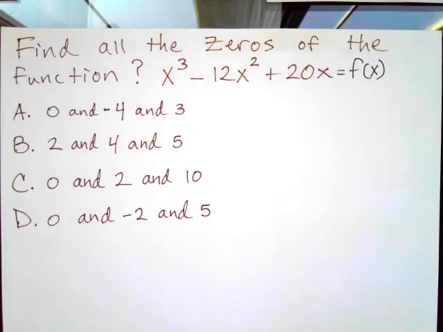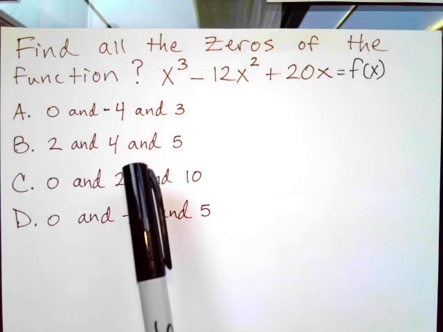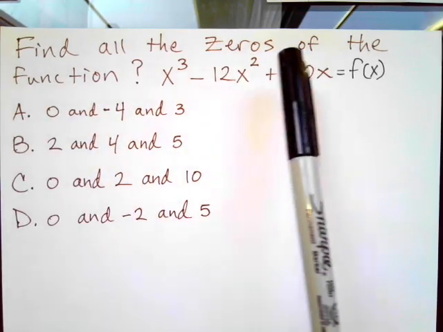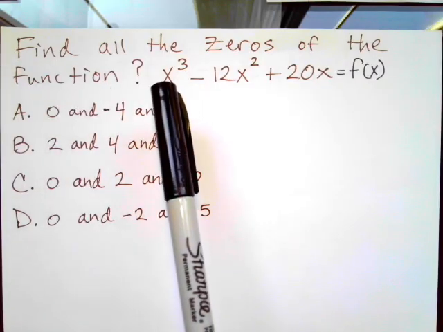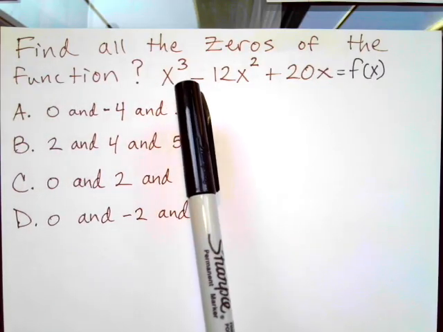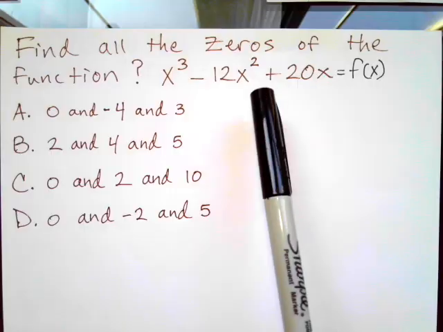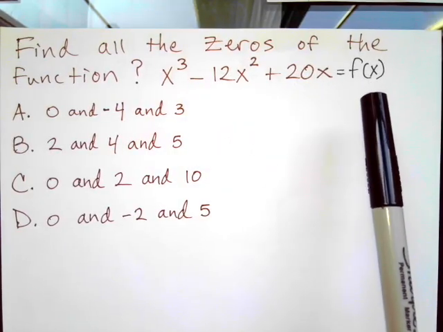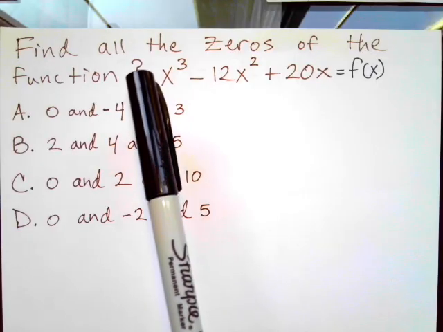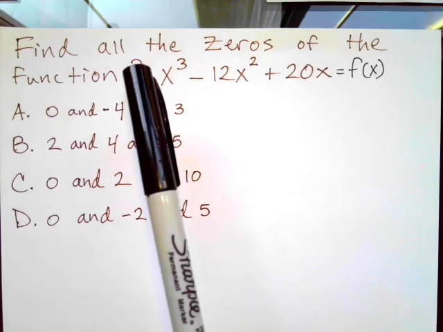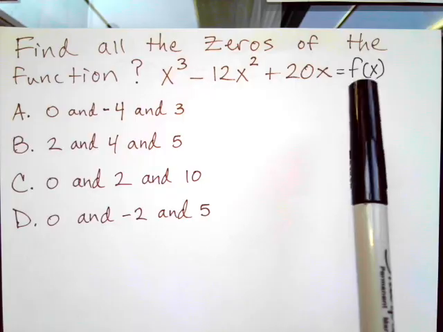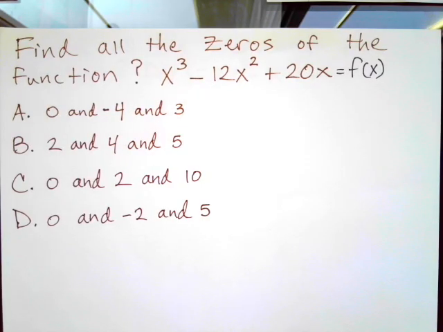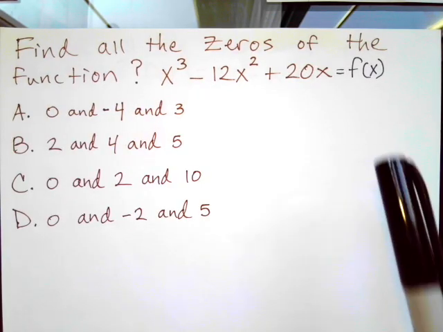So let me go back and read it again. I think I may have made a mistake. So find all the zeros of the function x cubed minus 12x squared plus 20x equals the function of x. You can write that inversely, and you can put that f of x function at the beginning, or you can put it at the end. Because I made a mistake, I'm going to keep it here at the end.